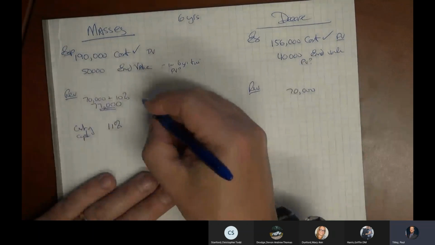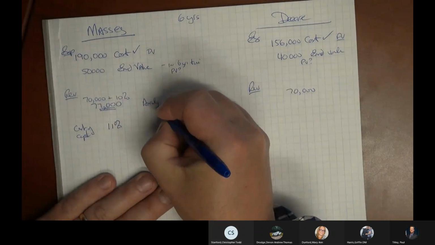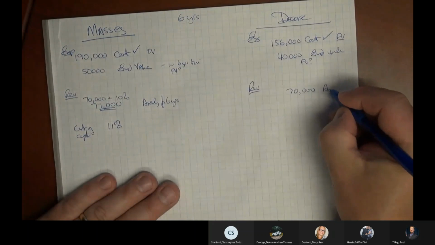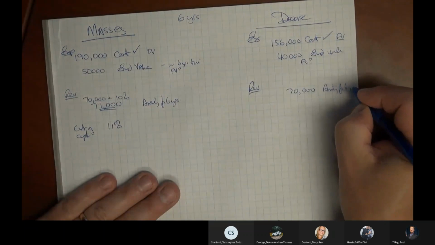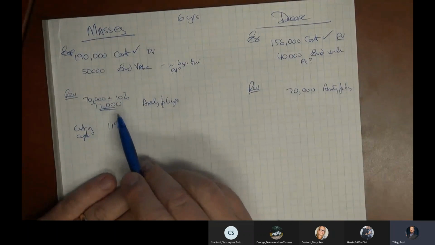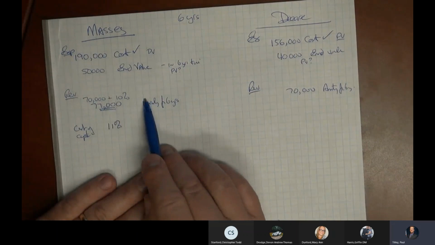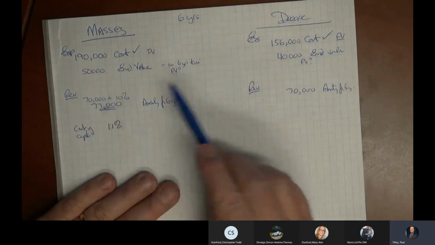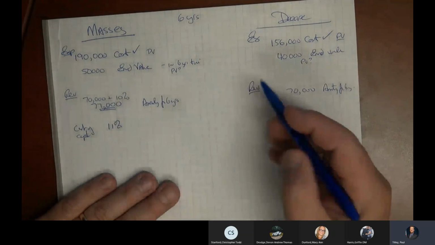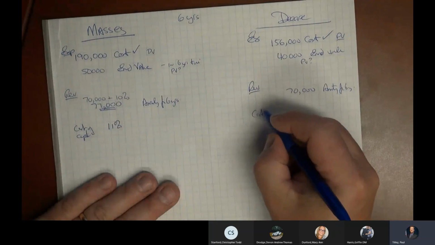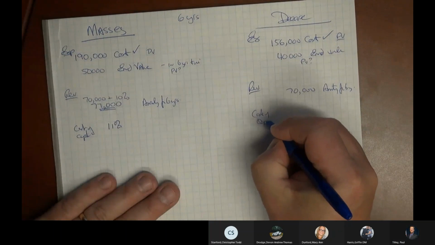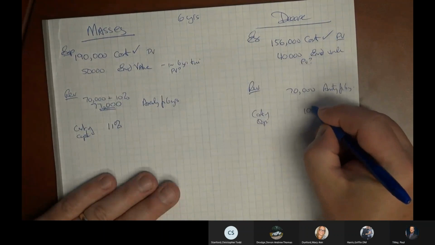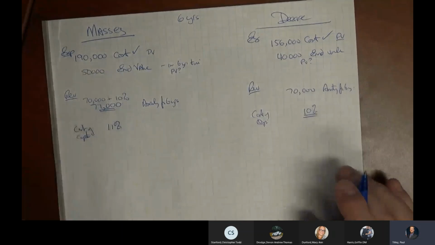Now, that's an annuity for 6 years. So again, it's a flow of payments that come in every single year for 6 years in both cases, but one is higher than the other. Now, the cost of capital, with the Deere tractor, instead of 11%, it's 10%. They must have changed it in the book.